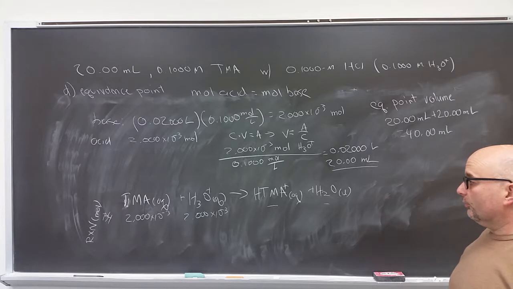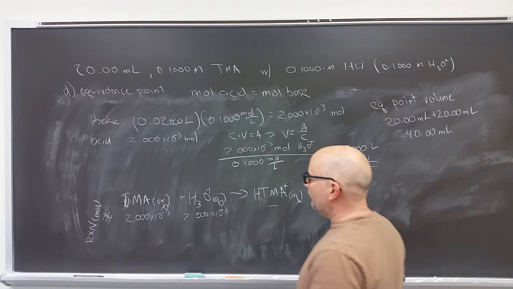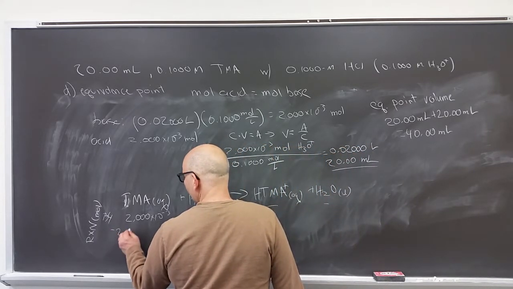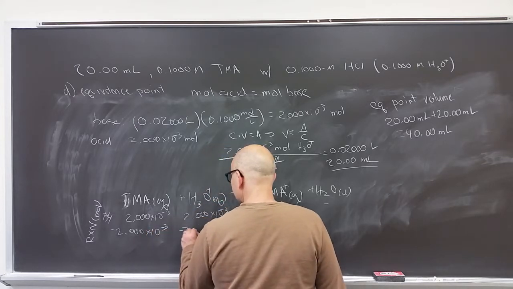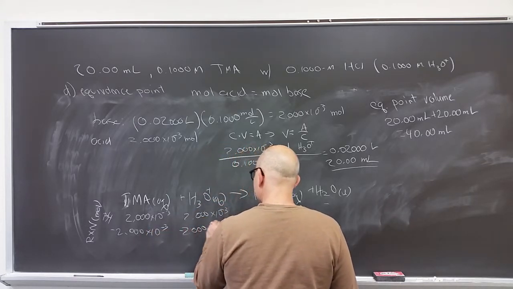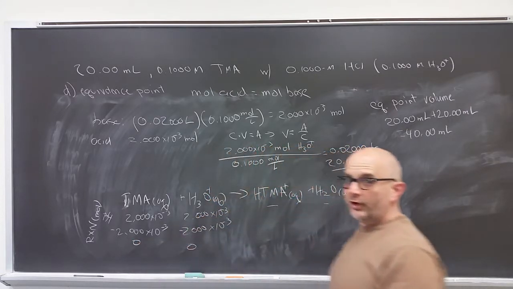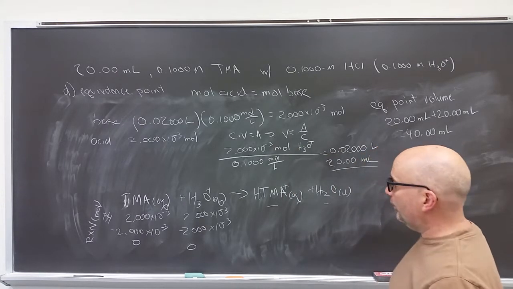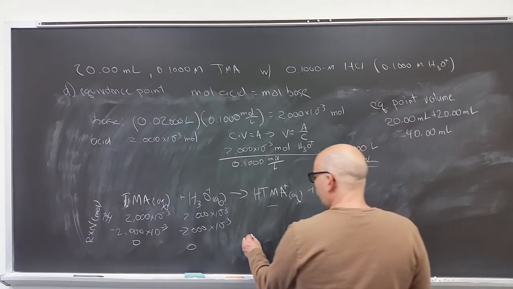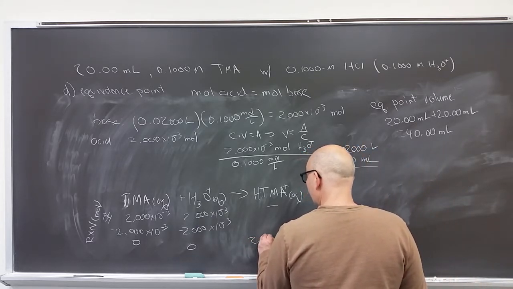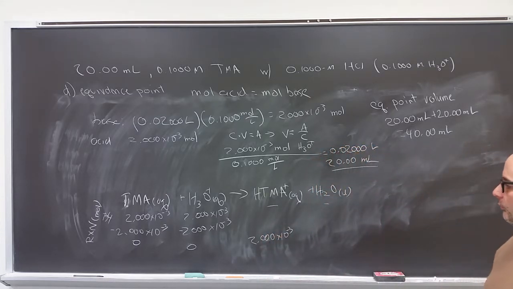So in this case, depending on your philosophical bent, they are either both limiting reactants or neither is a limiting reactant. The end result is that they will both lose 2 millimoles, resulting in 0 for both. So we added just enough hydronium to react with all of the trimethylamine and no more. And we will have produced 2 millimoles of the trimethylammonium.